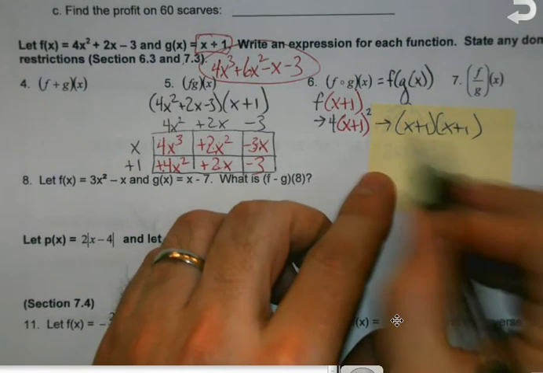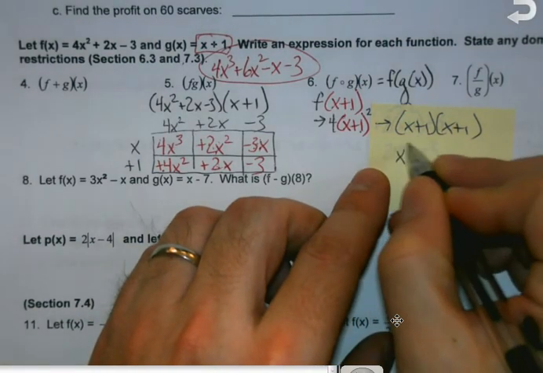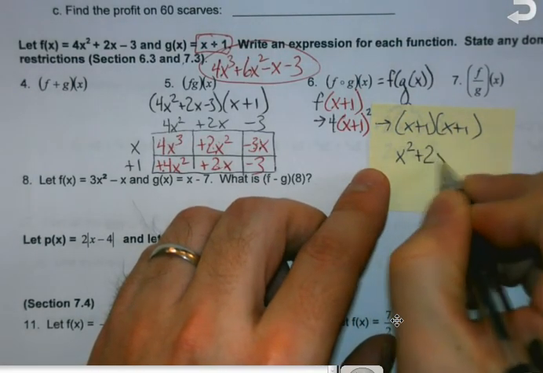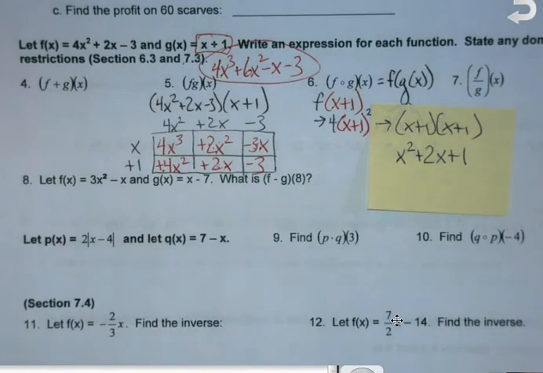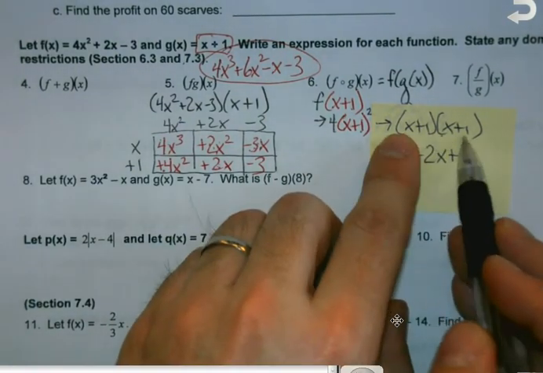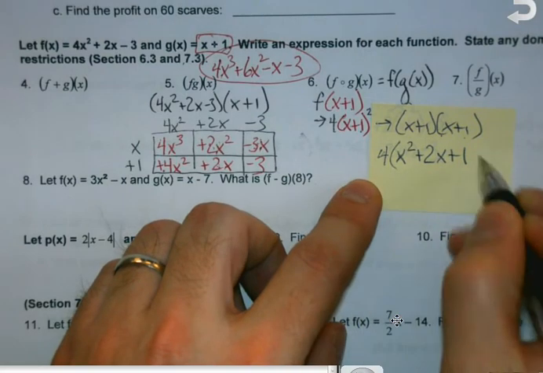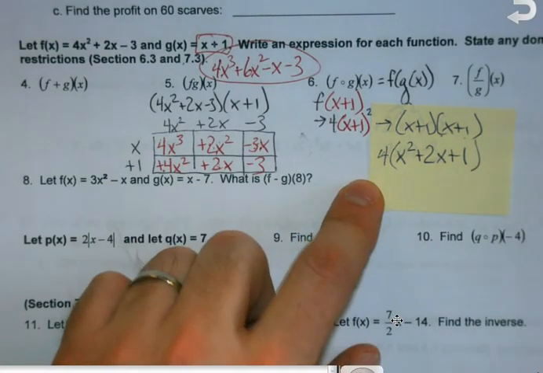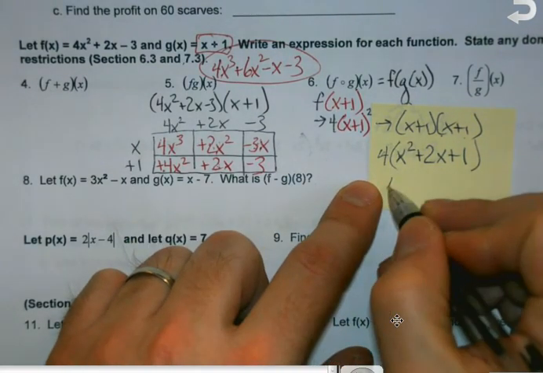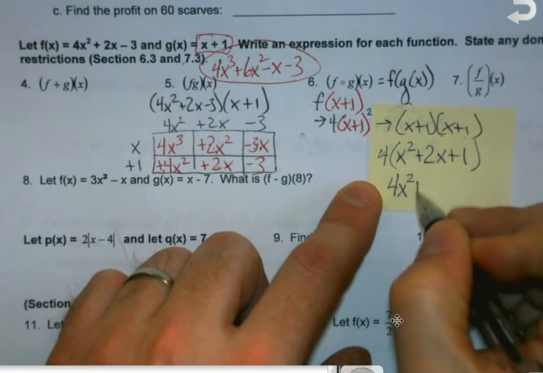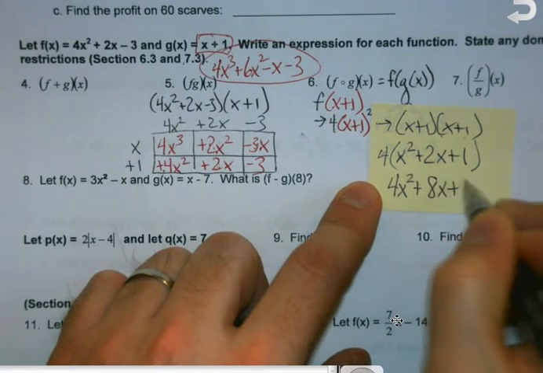Because if I FOIL or box this out, I get x squared plus 2x, so I get 1x and 1x, plus 1. And I'm still going to multiply the 4 through to all of those terms. So 4x squared plus 8x plus 4.